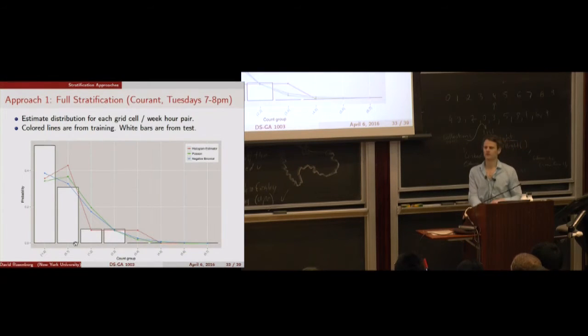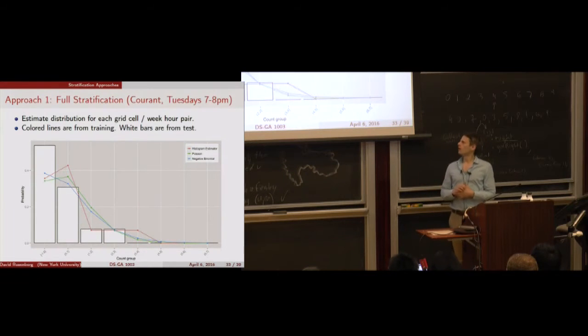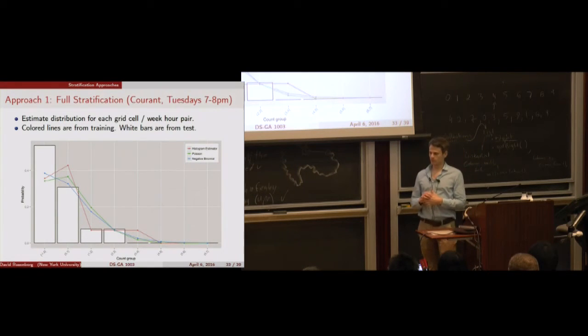Are the white bars the prediction of the model, or are they the real outcome? The white bars are the histogram of what was actually observed in the test data.